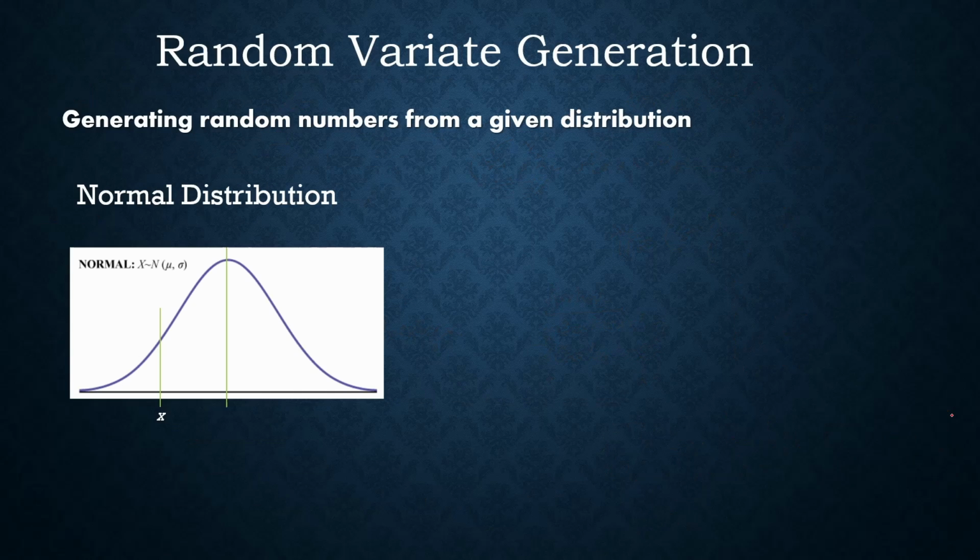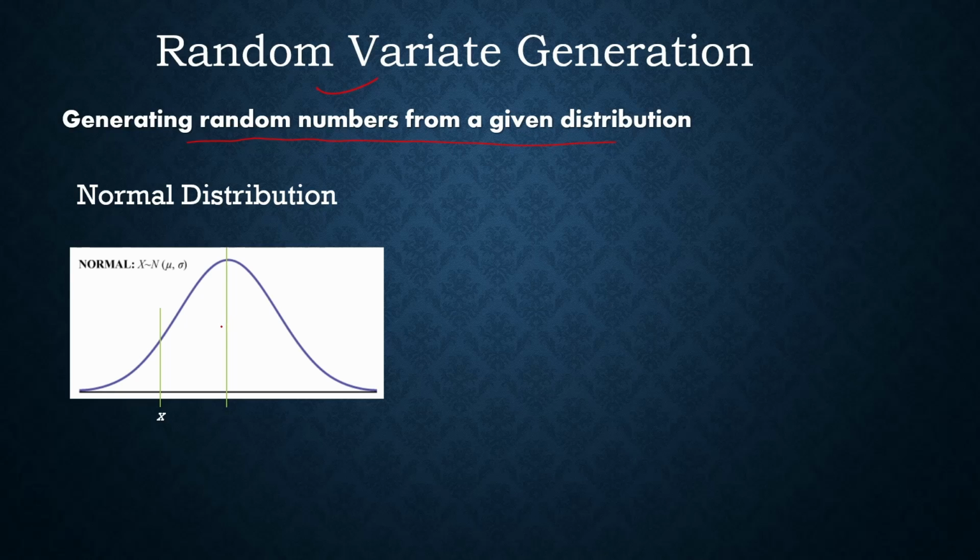Okay, so that's it. Now let us understand another concept, which is random variate generation, the most important concept actually required for model building. In one line it can be said that generating random numbers from a given distribution is what is called a random variate.